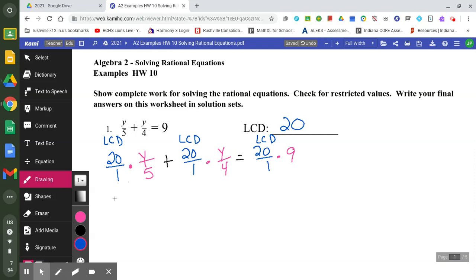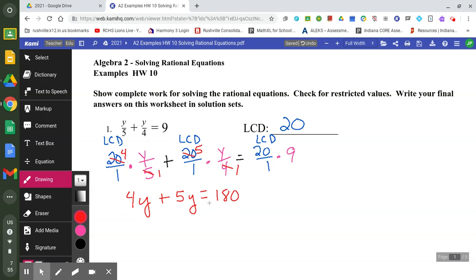So when I do this, 20 times y over 5, well, 20 over 5 is 4, and then I have the y, plus, so basically I'm just reducing, and then 4 goes into 20 5 times, so now I have plus 5y equals, and then this is 20 times 9 gives me 180.